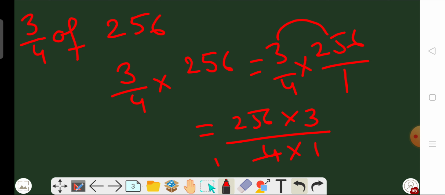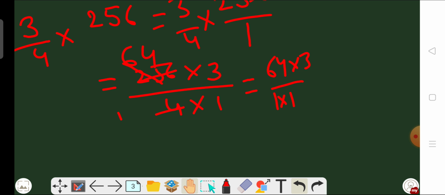This 4 will become 1 after cancellation and this will become 64, and the result is equal to 64 multiplied by 3 by 1 multiplied by 1, and the value of result is equal to 3 4 ja 12, 3 6 ja 18, it means 192 by 1, and that is equal to 192.